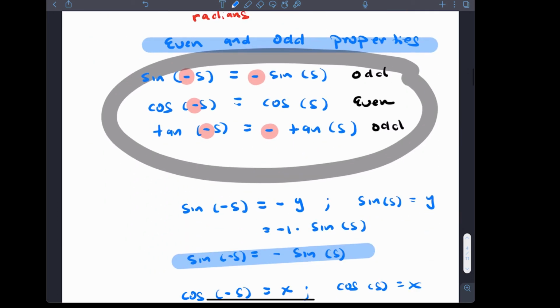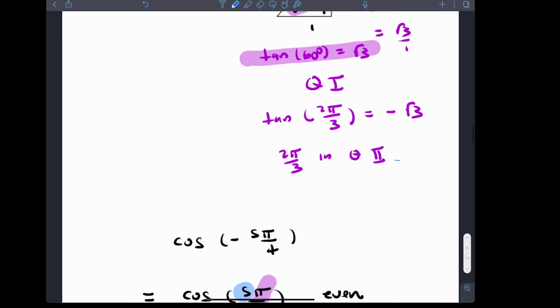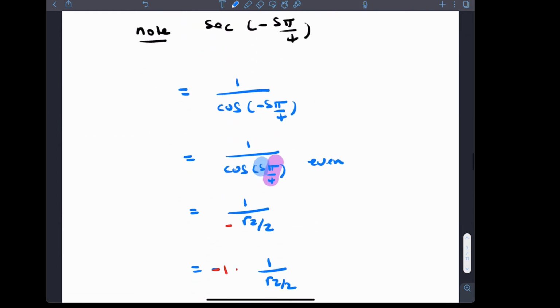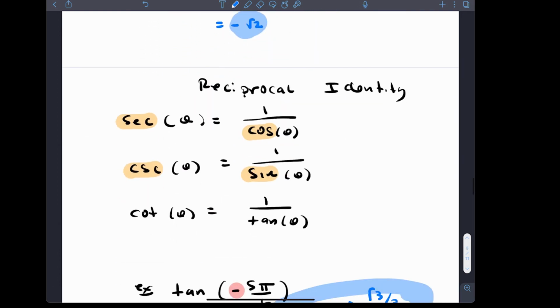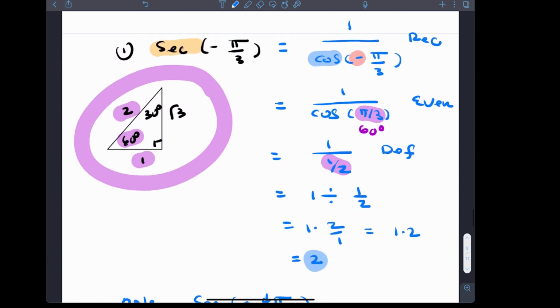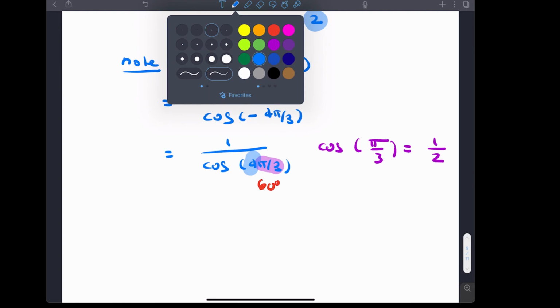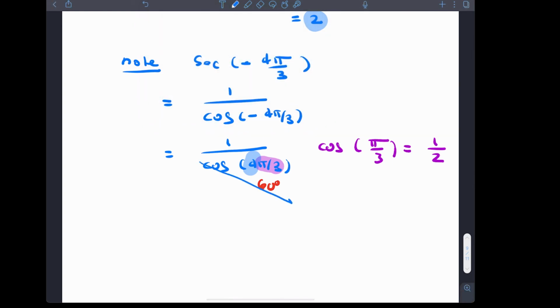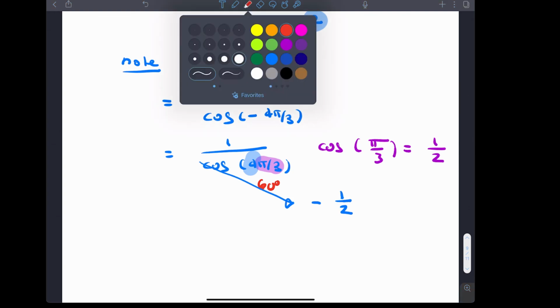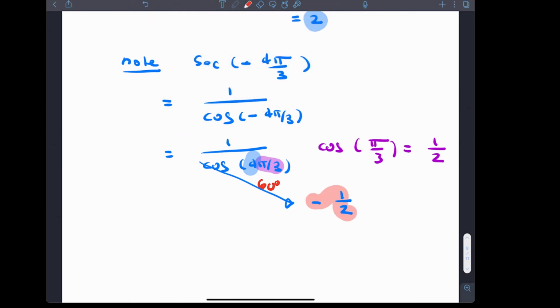So every cosine will be negative here. And let's see what that means. That means what? That this is actually what? Negative what? 1/2. That's the point of all students take calculus.